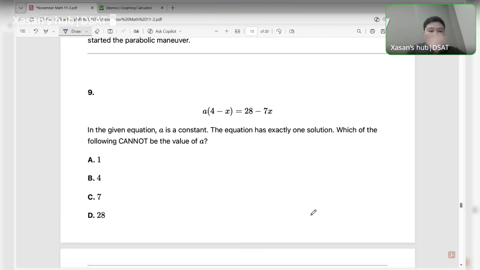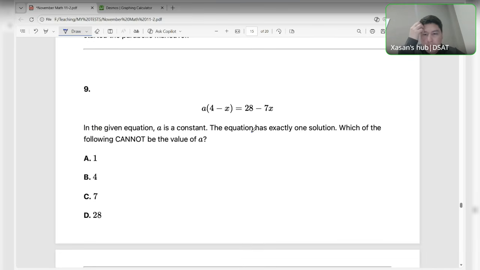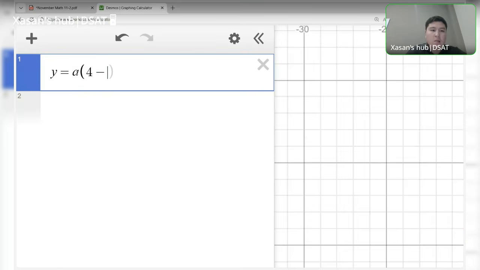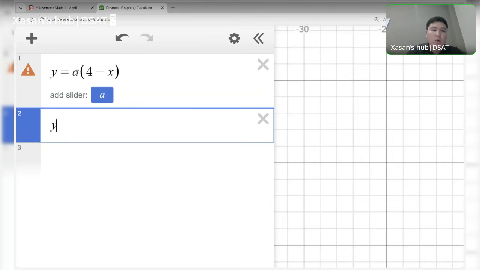Question 9. The given equation has exactly one solution. Which of the following cannot be the value of A? Okay, we can just do it with Desmos. y now equals A times (4 minus x), and then the second equation, y equals 28 minus 7x.